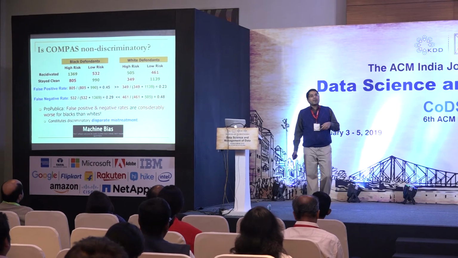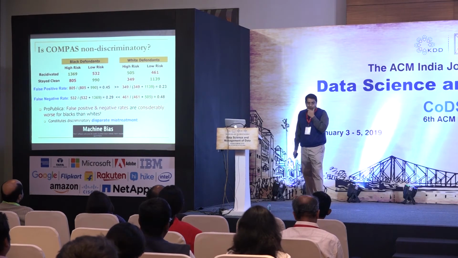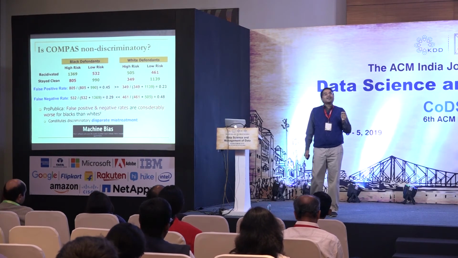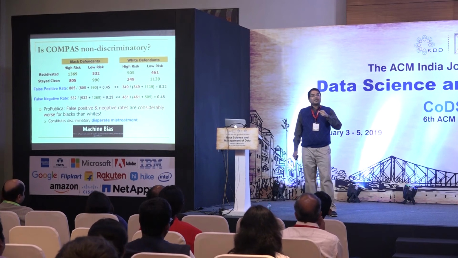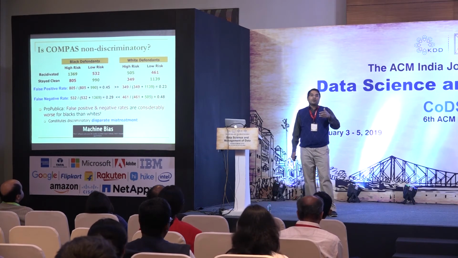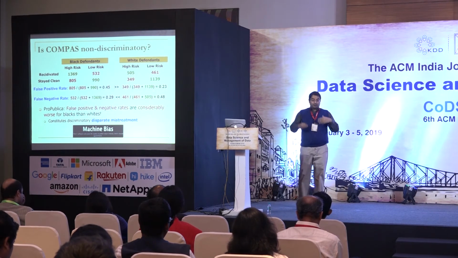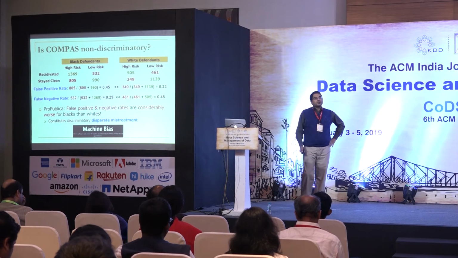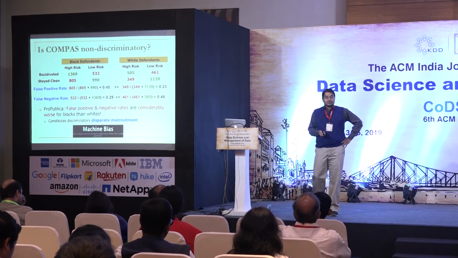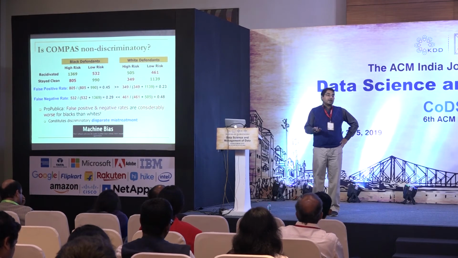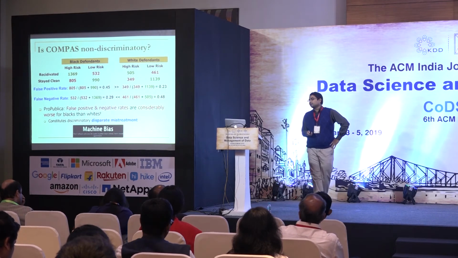Now, when this article came out, this became an example of how algorithms lack ethics at best, or at worst, it has become an example of how algorithmic decision-making is increasingly being used to reinforce existing societal biases, and that one should fear algorithmic decision-making. And in fact, in response to some of these articles, the tool actually was banned from being used in a couple of states in the US.